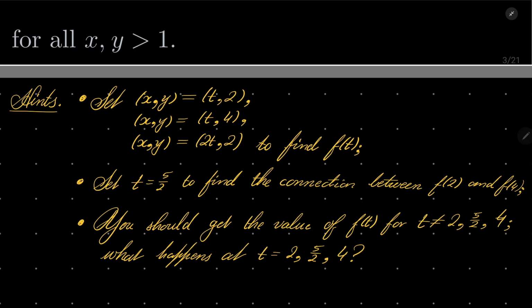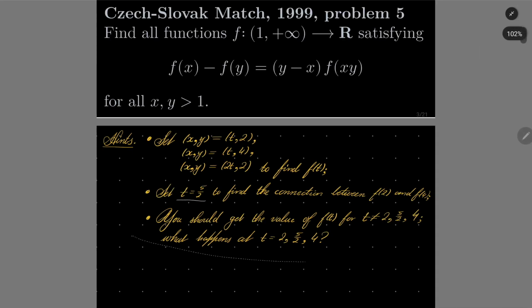And from there, you are almost done, but at some point you may wish to set t to be equal to 5/2 to find the connection between f(2) and f(4). And finally, by then you should have the general formula of our function for t with the exception of these three numbers, and consider separately what happens at these values. So give this problem a try.